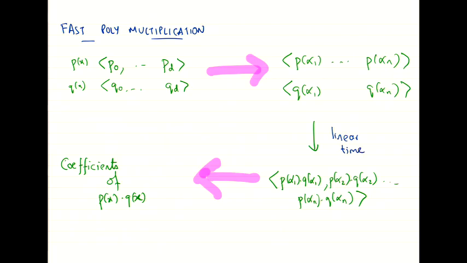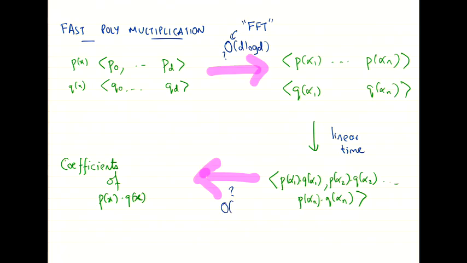So if you could somehow achieve the conversion between the two representations quickly, you get a fast polynomial multiplication. And this conversion, we'll achieve that by what we'll call the FFT. We'll see more of that. But that will take d log d time.